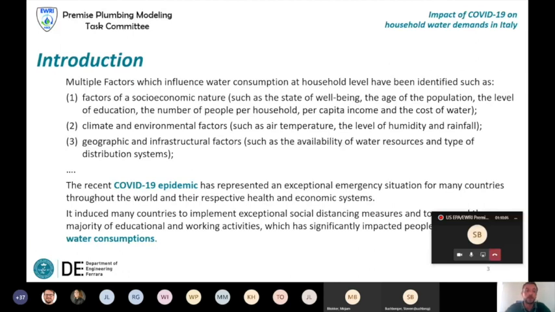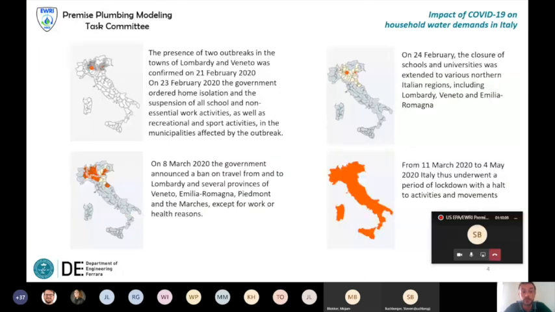In particular, Italy was one of the first Western countries hit by the pandemic, and the presence of two outbreaks in two towns of Lombardy and Veneto was confirmed at the end of February, on the 21st of February. A few days later, the government closed all the schools and activities in these areas.